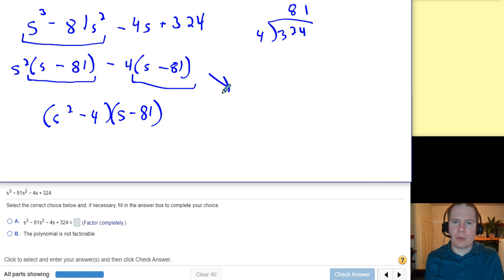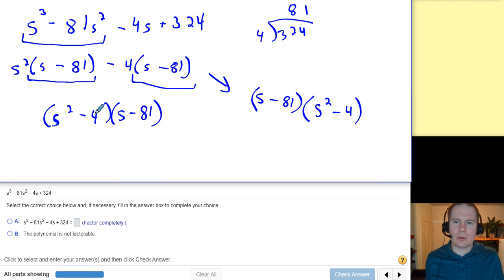Or if you prefer, as usual, when you write the common factor first, s minus 81 is the GCF of these two terms. Here's s minus 81 times s squared. Here's s minus 81 times a negative 4. All right, these are saying the same thing. That's an s, not a c.